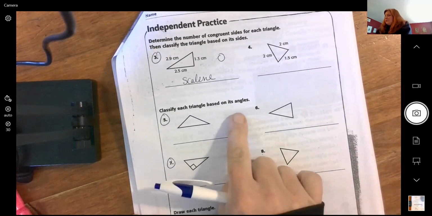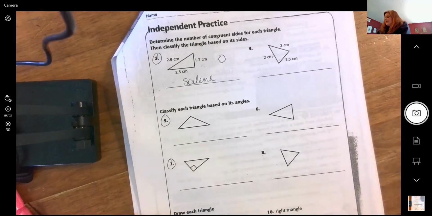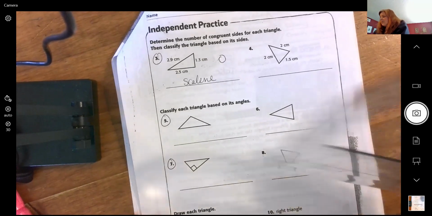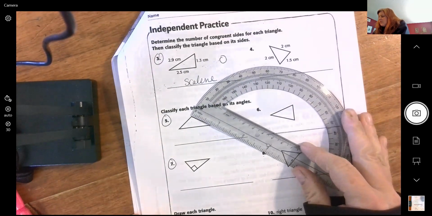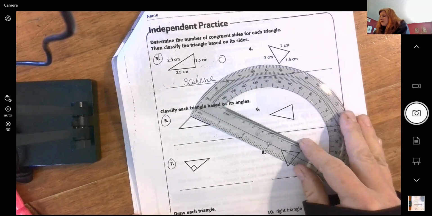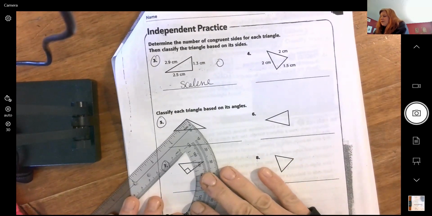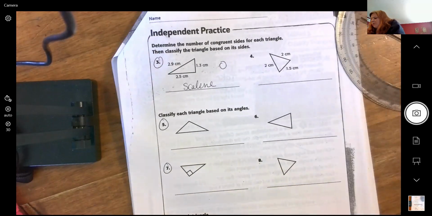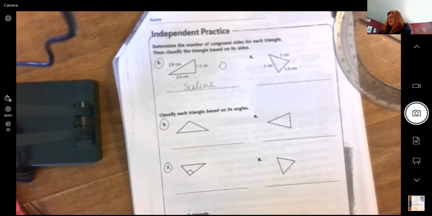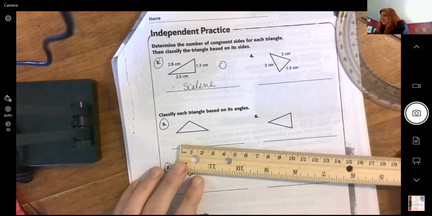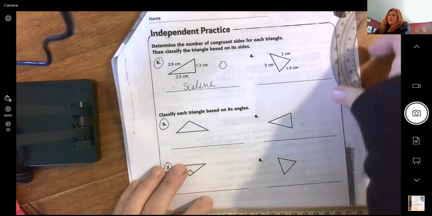All right, now we're going to do this one based on angles. Just making sure here. Sometimes it's hard to tell. Get my ruler out. These angles actually look pretty congruent. I better check them.